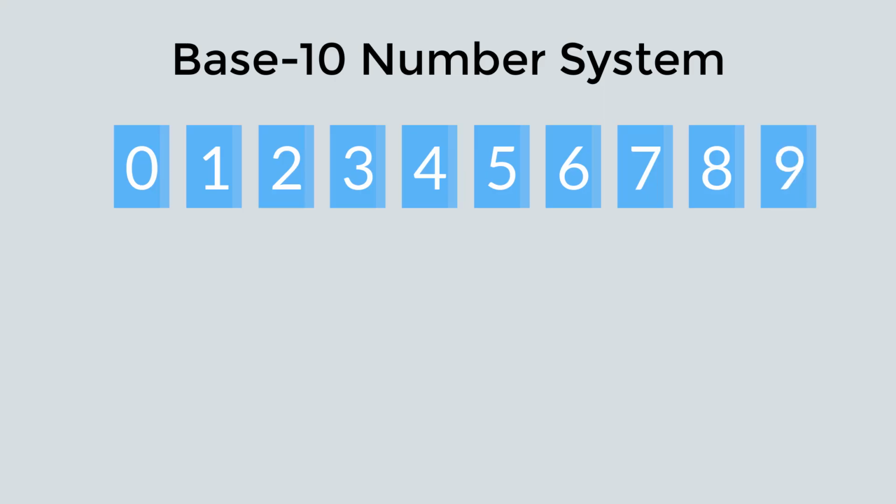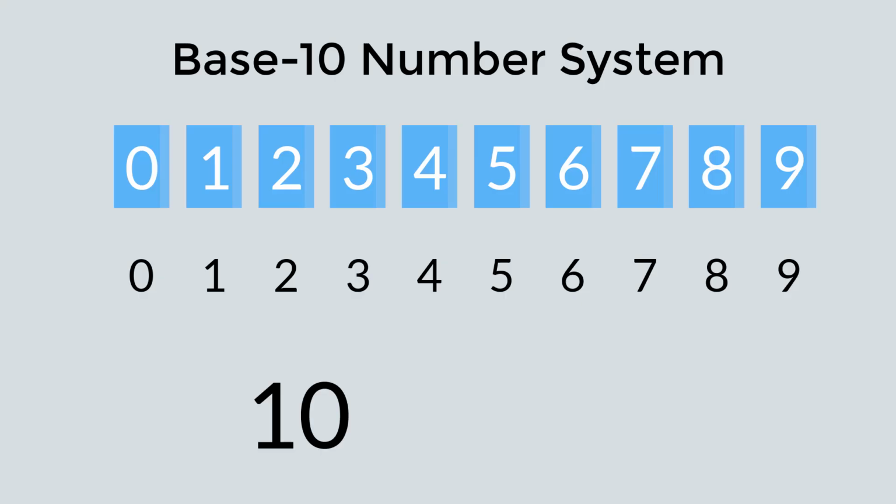These are the digits we normally use every day. In base 10, once we have used all 10 symbols, we move to the next position. So we count 0, 1, 2, 3, 4, 5, 6, 7, 8, 9, and then we write 1, 0.